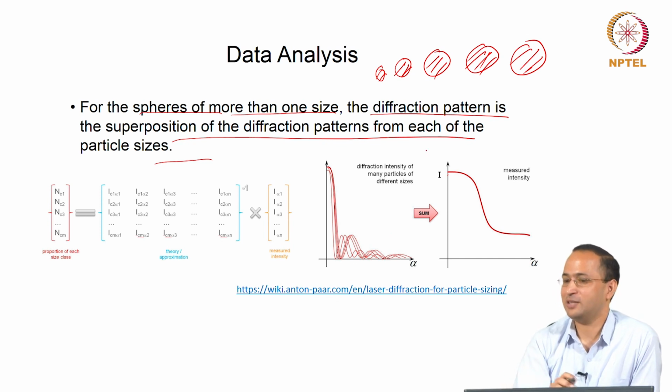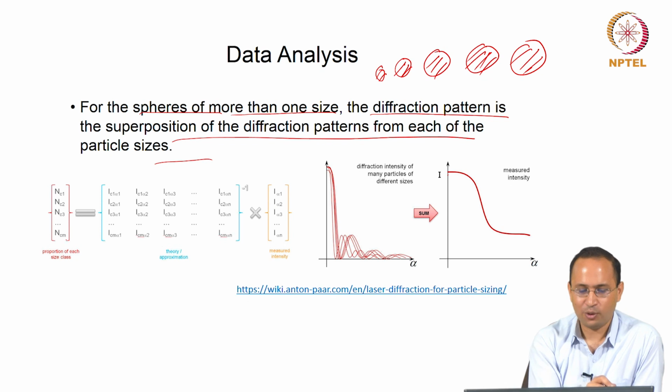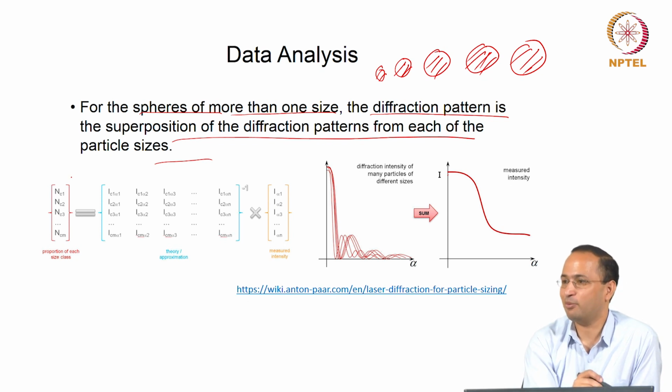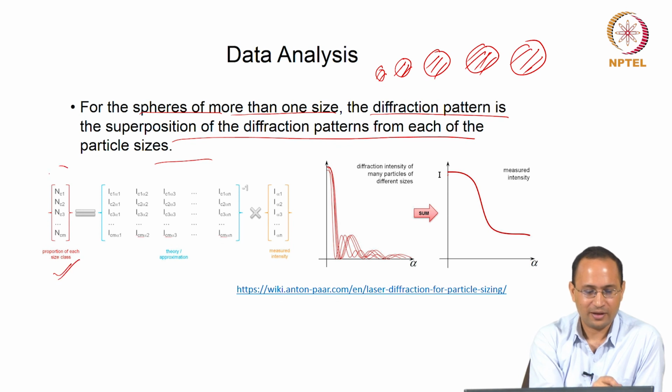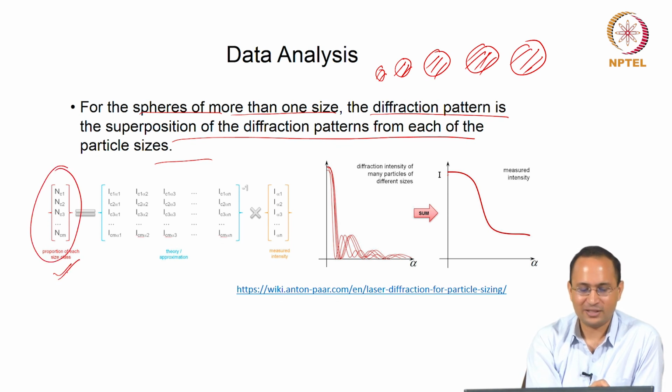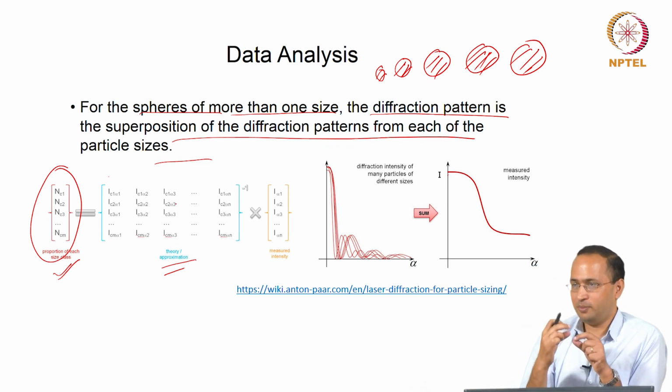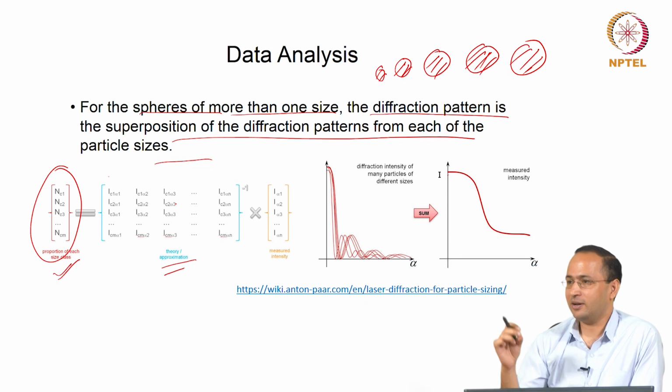So, the same minimization you have to do. How do we calculate then the number of particles? You see here this is the proportion of each size class, and you have a matrix, because now we know that for one particular size you have a particular diffraction pattern, like intensity.